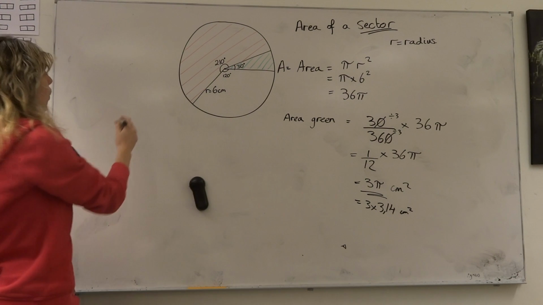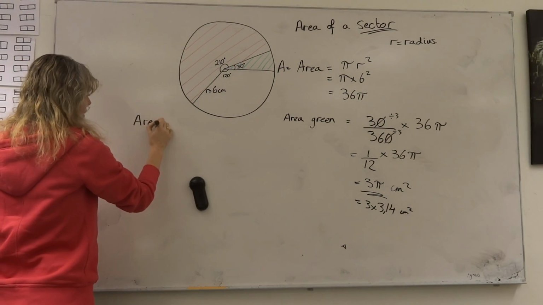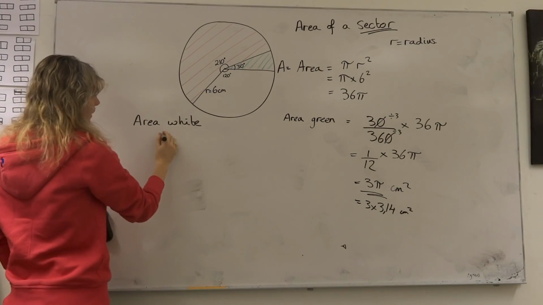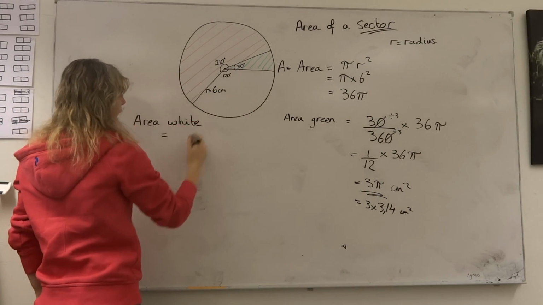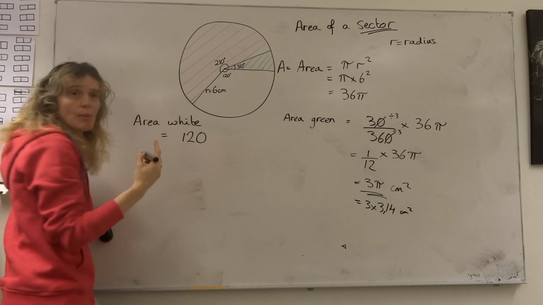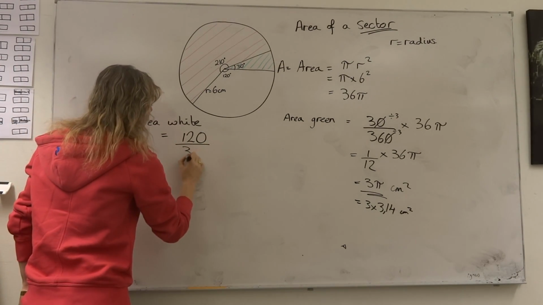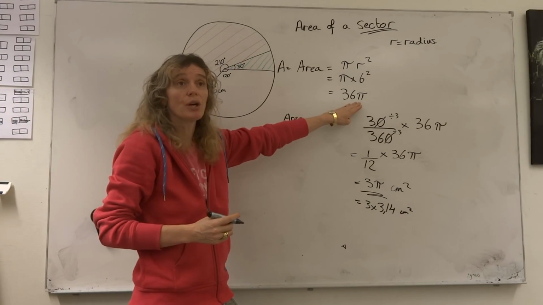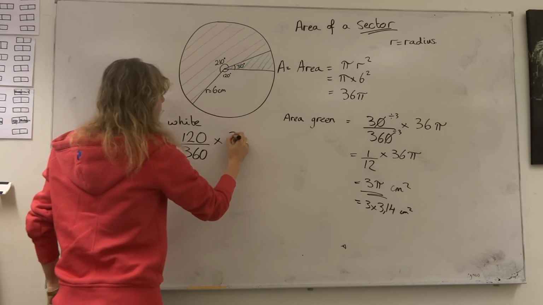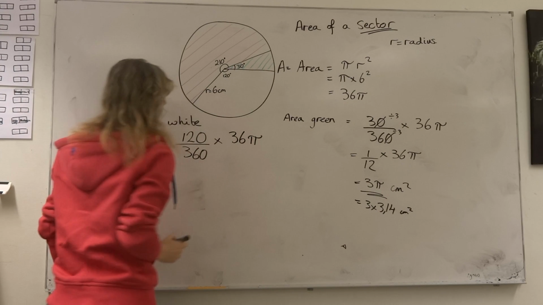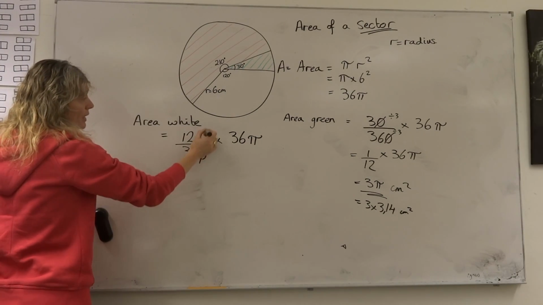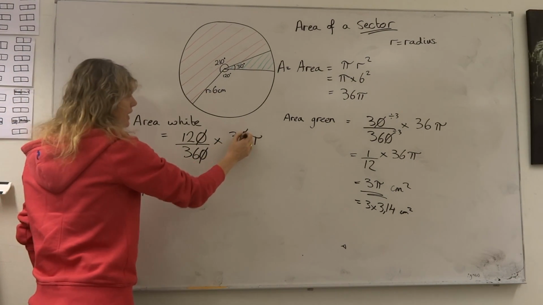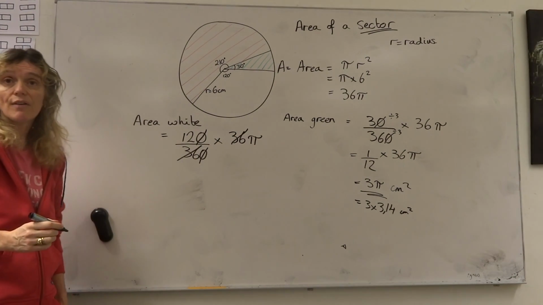Okay, what about the white area then? Well, the area of the white will be the same formula. How many degrees do we have? 120. How many are there in a full circle? 360 multiplied by the area of the full circle, which is 36 pi. Here we have a 0 that can cancel there. We have a 36 that can cancel with that 36, which is very nice.